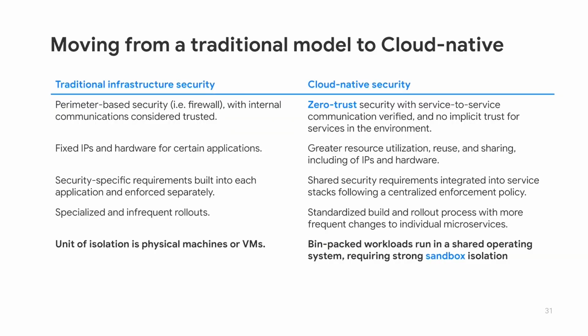A traditional infrastructure security model might look at the unit of isolation for separation as strictly the physical machine or maybe the virtual machine. In the cloud native model, because we are bin packing, using things more efficiently, and workloads are moving around, and because workloads from different services often end up co-located on the same physical machine, and because we're concerned about problems like where the code came from, what if it's compromised, what if there's a CPU side channel, we can't necessarily rely on physical machine separation.